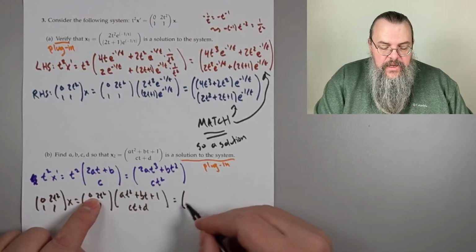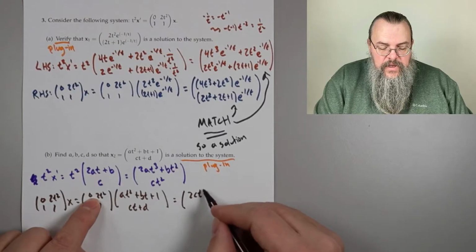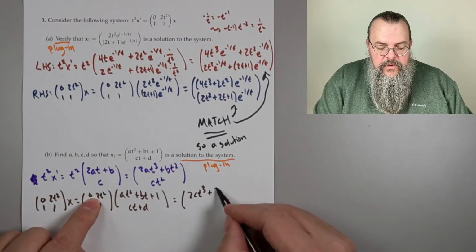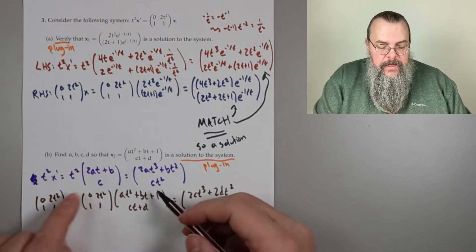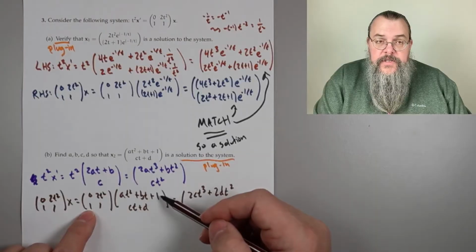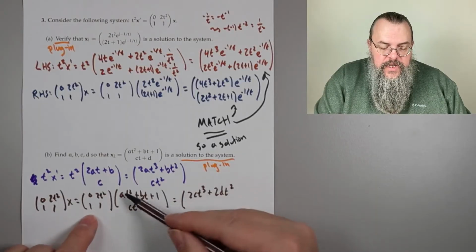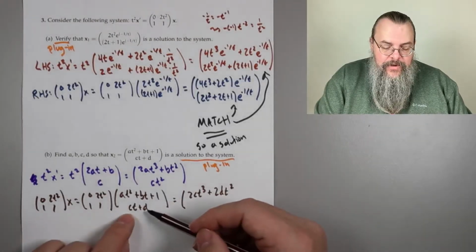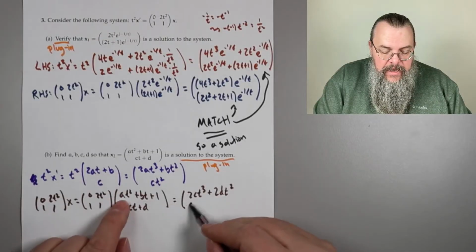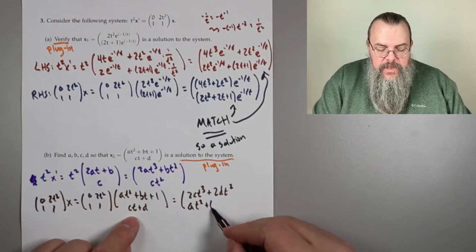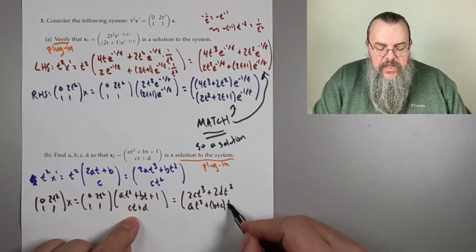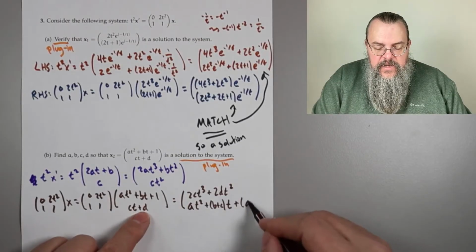So that would be 2ct cubed plus 2dt squared. And then you're going to get 1 times the first plus 1 times the second. In other words, we're just adding these together. So adding them together, we'd get the at squared, the t's give us b plus c t, and then the constants are d plus 1.